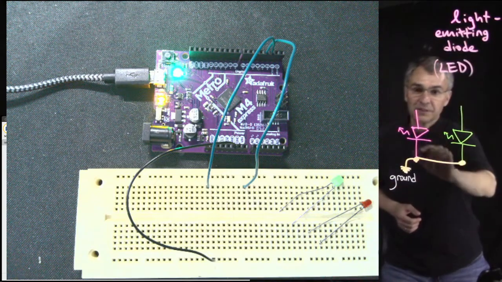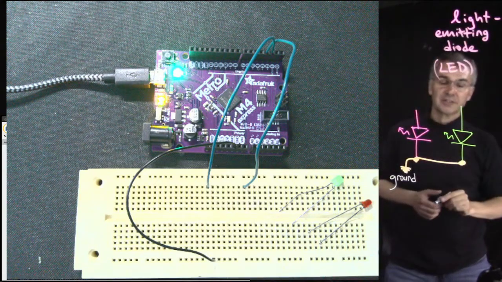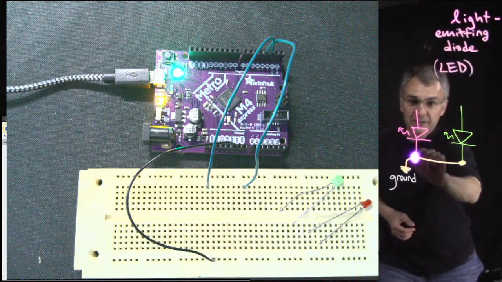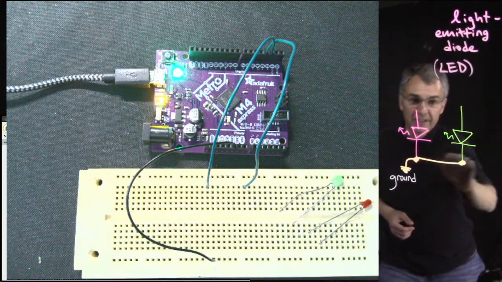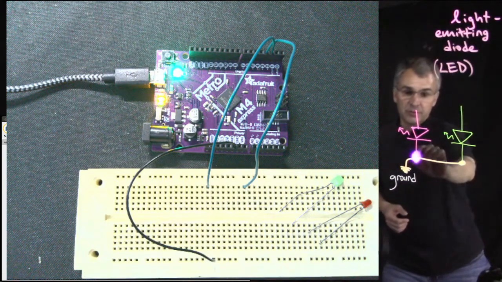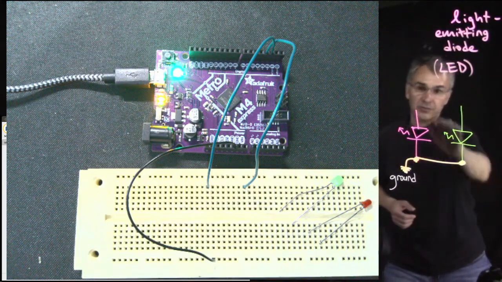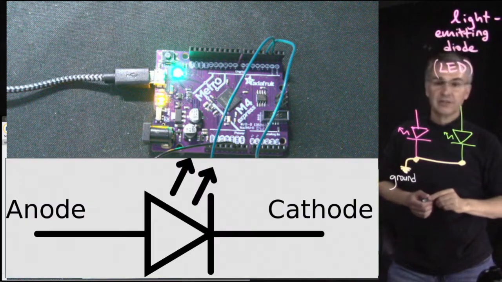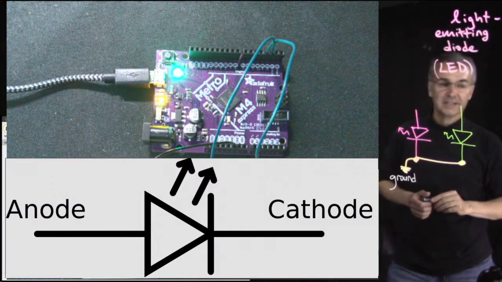And I've drawn the red one in magenta and I've drawn the green one in green, and I'm going to connect the end that is intended to be more negative, so current flows from positive to negative. So this end will be the negative end of the diode, this will be the positive end of the diode. These have names like anode and cathode, but I can never remember which one is which, so I'll just say positive and negative.